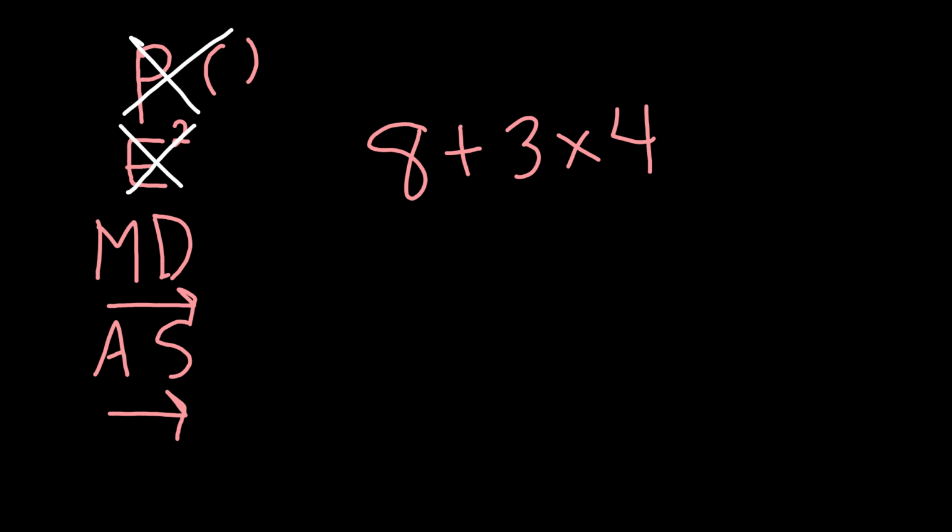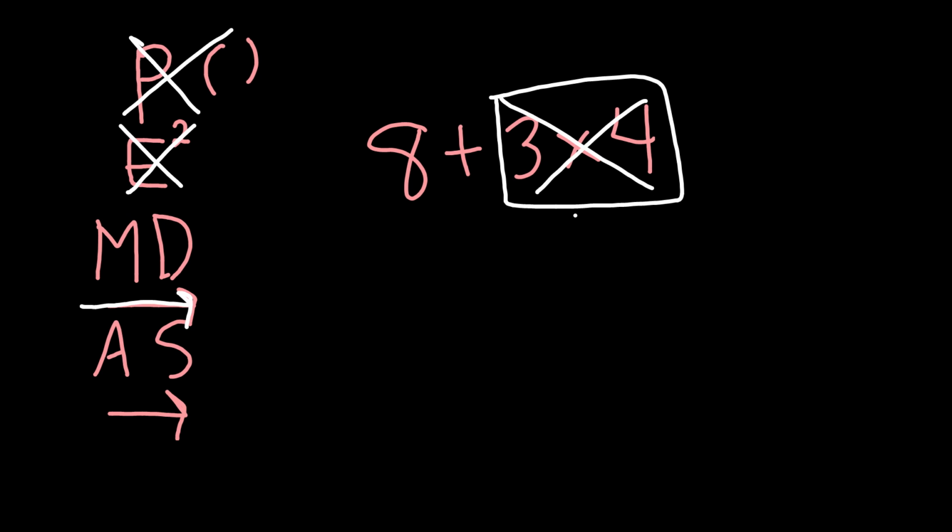Multiplication, division from left to right. Let's see here. Well, there's multiplication or division from left to right. So we would box this off, cross it out, and then put the answer to that right here, and then copy down the rest of the problem. So now we're just left with one, which is 8 plus 12 equals 20.